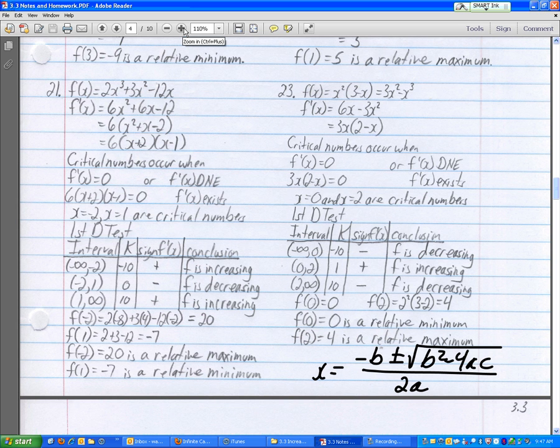Well, it all depends, right? You could get none if you have a negative under a square root. So, right, if A is 0, you don't have a quadratic. All right, we good?